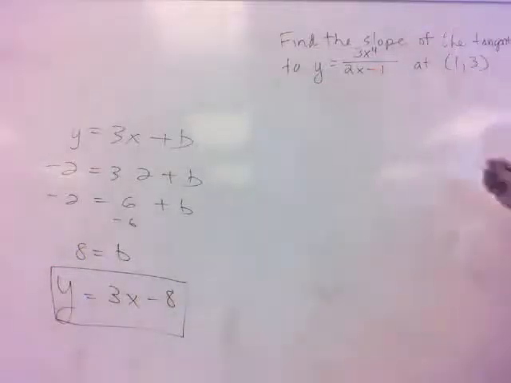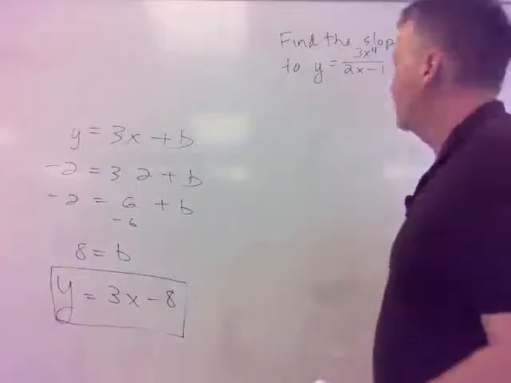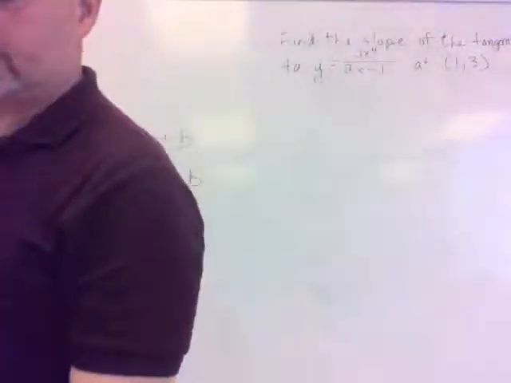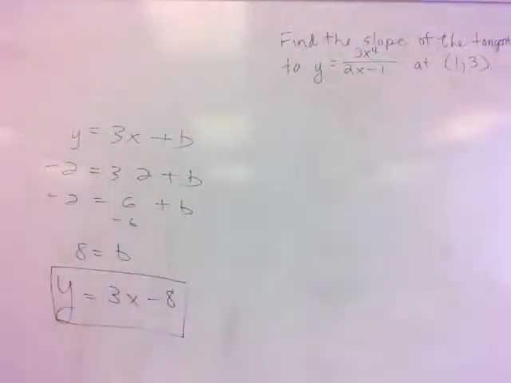Find the slope of the tangent to y equals 3x to the 4th over 2x minus 1. Okay? How would I do that?